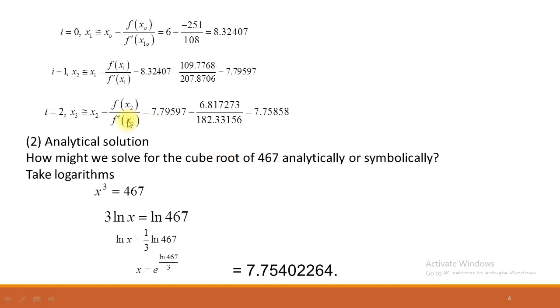So in this function, when we put x2 is equal to 7.79597, we obtain 6.817273 divided by the derivative of the function at this value of x2, which will be 182.33156, and after simplification we obtain x3 is equal to 7.75858.